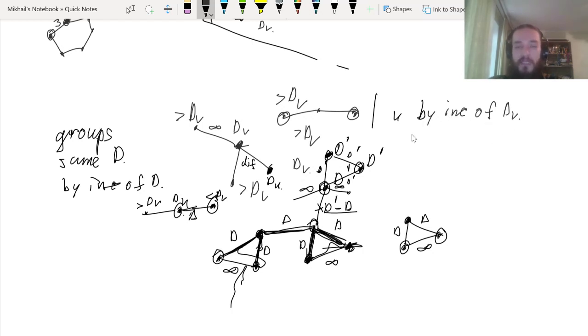So it's either part of a group of connected dvs with the same value.